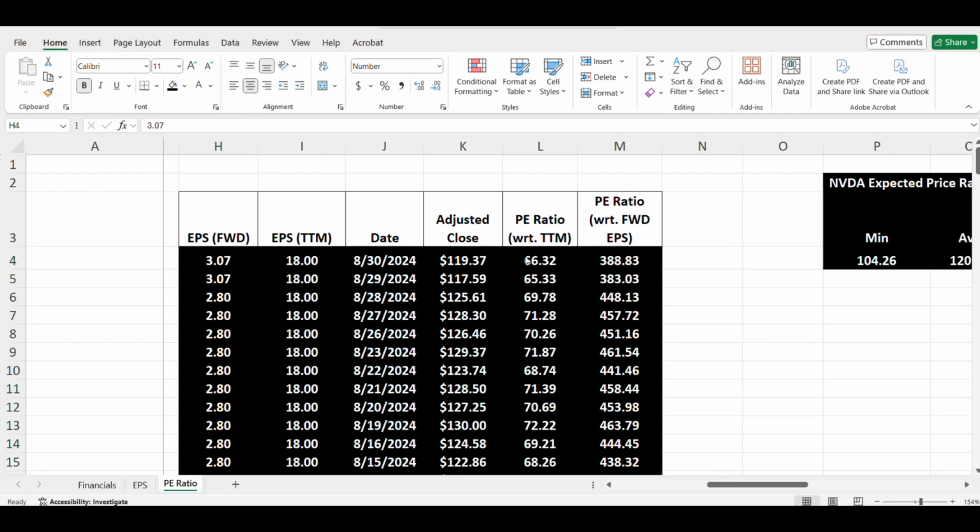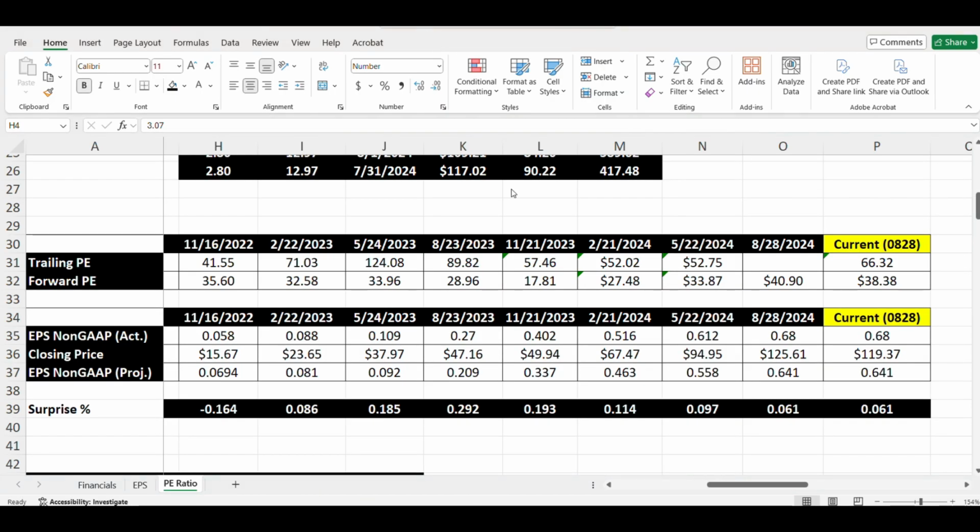So using those data, I calculated the PE ratio with respect to trailing 12 months EPS and also the PE ratio with respect to forward EPS. And I also updated this table with the latest earnings data and calculated the forward PE ratio with respect to the latest earnings data in this table. You see?